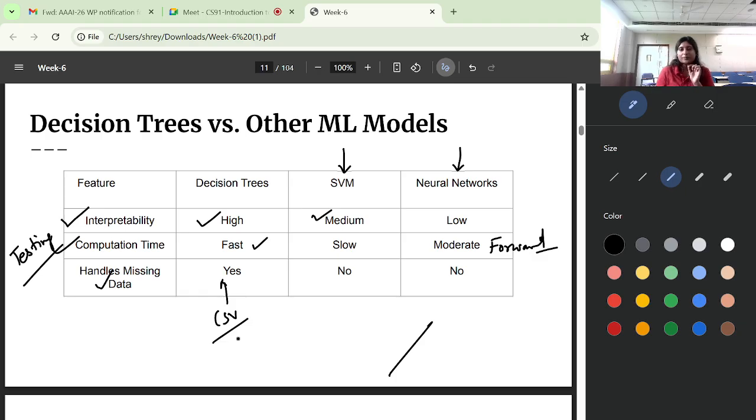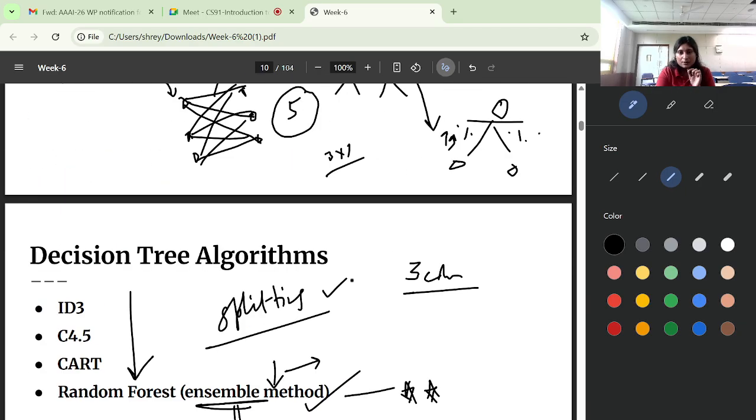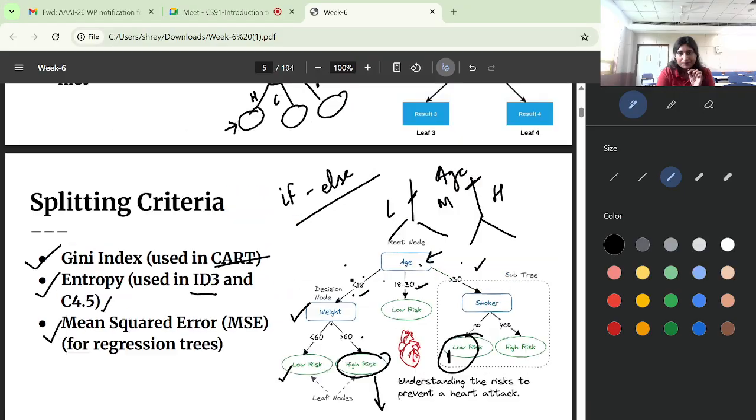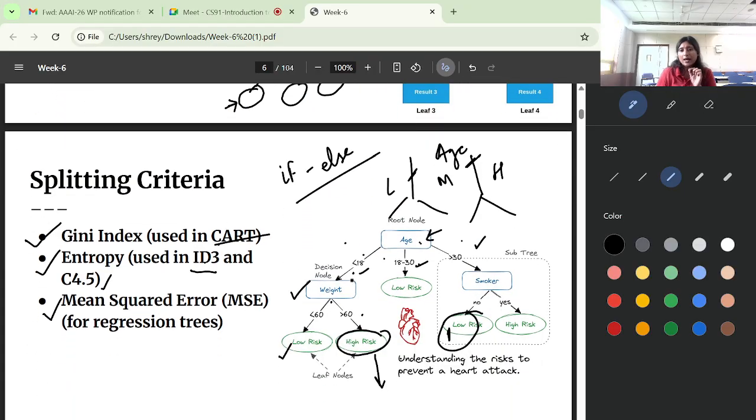For example, in this diagram, just think about this one. If the age of a person is 18 to 30, it directly gives you a leaf node. It means if the age of a person is 19 and the weight is not given, it is missing, then it will not get affected here.